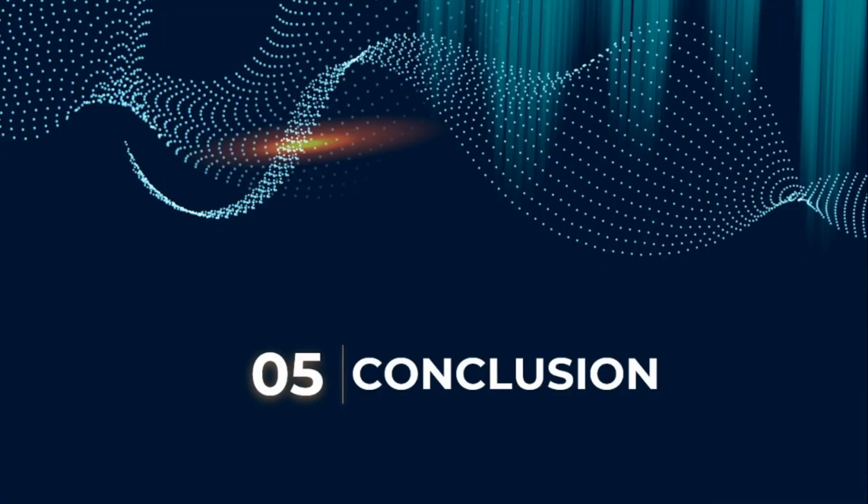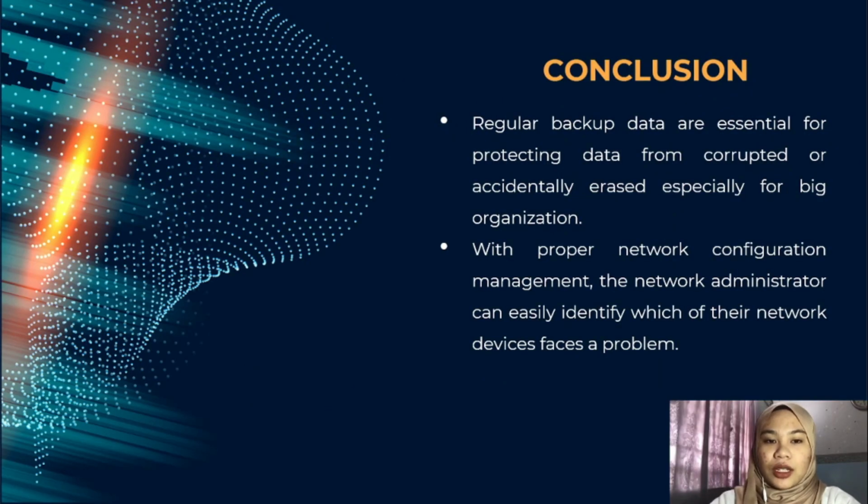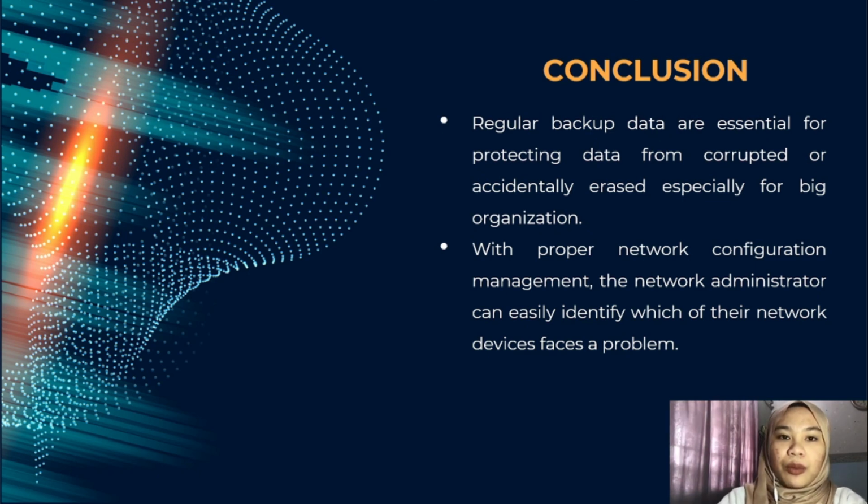Chapter 5 Conclusion. For conclusion, regular backup is essential for protecting data. Besides, it is good practice for a network to keep a backup copy of the Cisco IOS software image in case the router system image becomes corrupted or accidentally erased. Data backups usually are periodic and can only be saved in the short term.